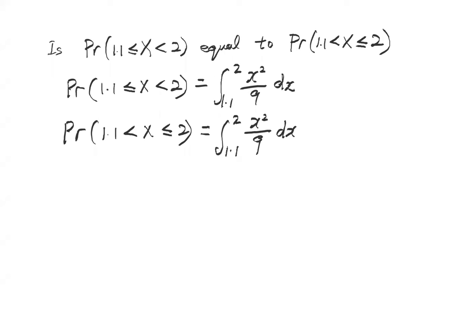So are they the same? They are equal, because for a continuous variable, the chance for a particular value to happen is equal to 0. So whether there is an equal sign or not, it doesn't matter. That's it. Another point to take note of.